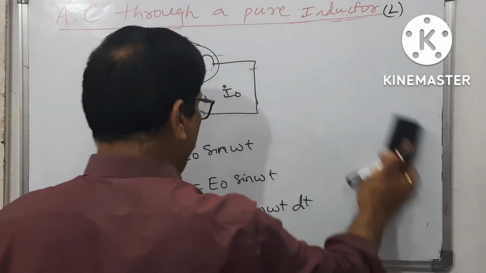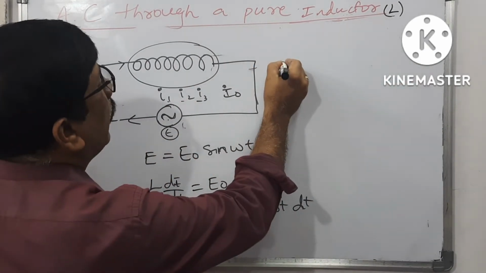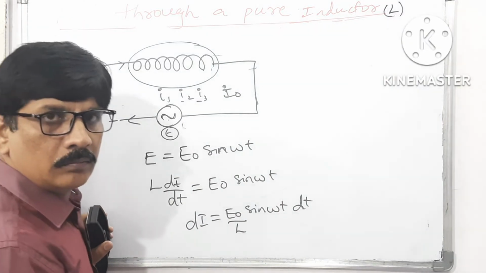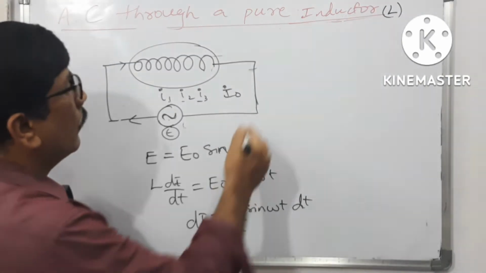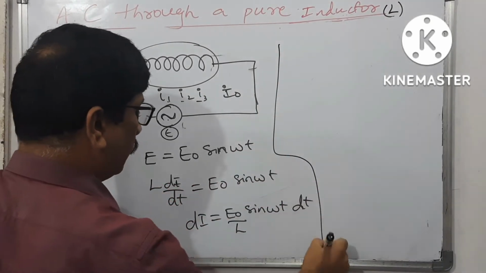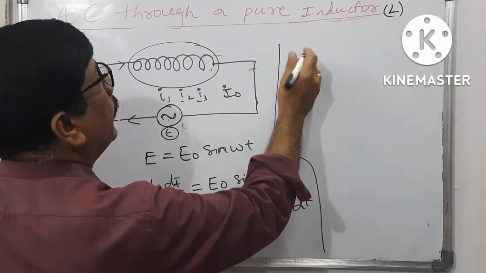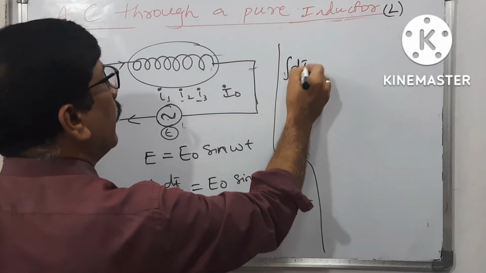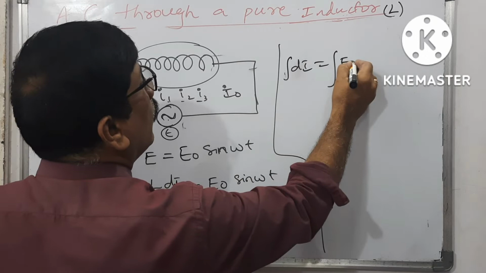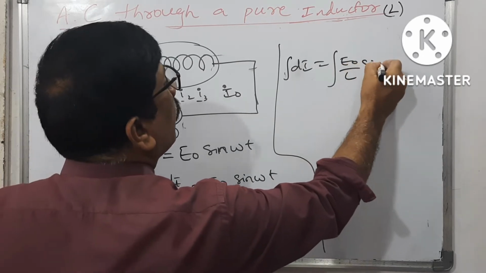Now if you integrate, the integration of di is equal to the integration of E naught by L sin omega t dt.